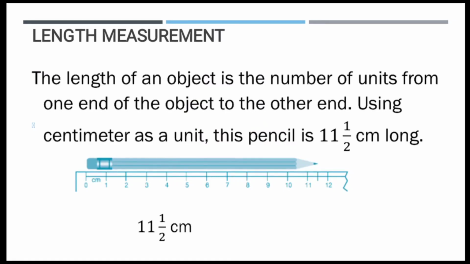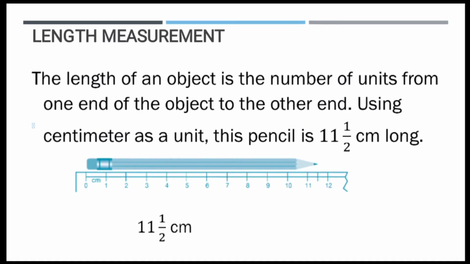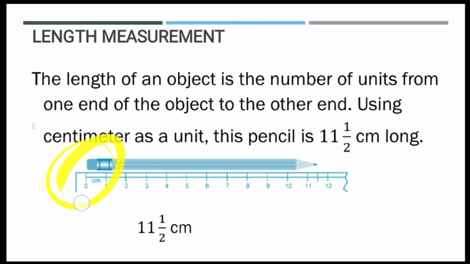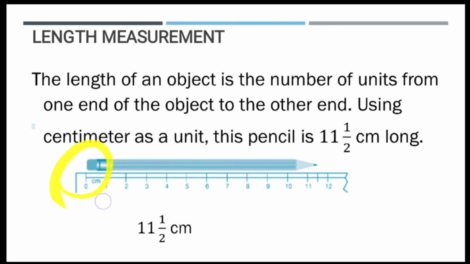The length of an object is the number of units from one end of the object to the other end. So using centimeter as a unit, this pencil is 11.5 centimeters long. As you can see, from this end point of the object to the other end, we are able to measure the pencil. This end point will be 0, and the other point will be our measurement.